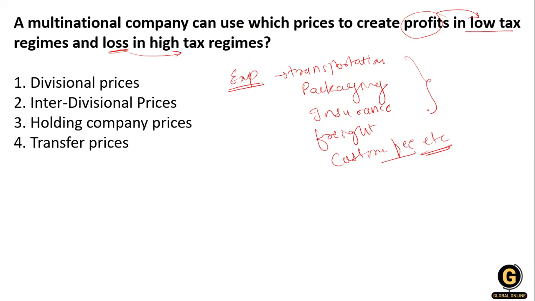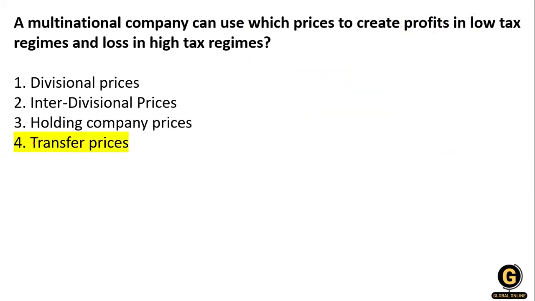So they use transfer prices in accounting practices. That means the price that one division in an organization charges another for the supply of goods and services. That's why the multinational company can use a price to create profit in a low tax regime, and loss in a high tax regime. So the right answer is transfer prices.